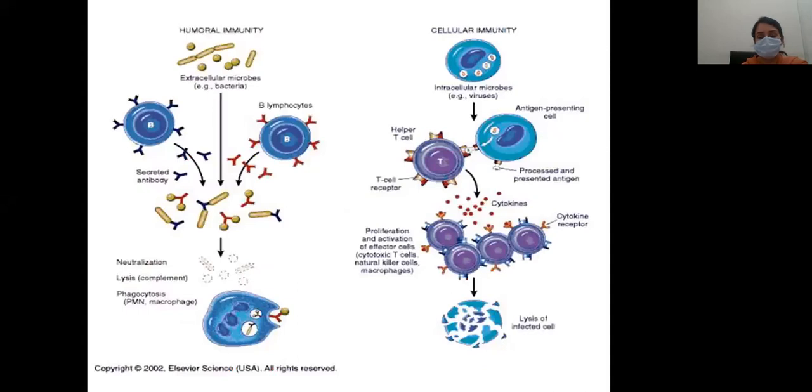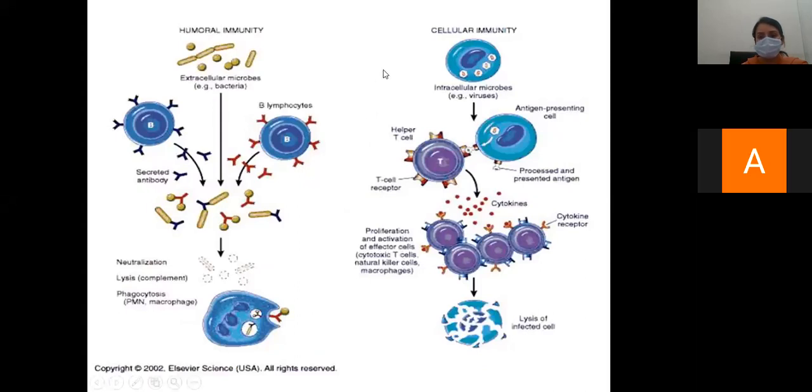Okay, then in the last, there is a diagram showing the active immunity. In humoral immunity, you can see there are extracellular microbes, for example, bacteria. First they come, and then there is a B lymphocyte.